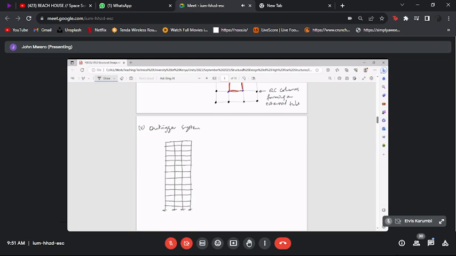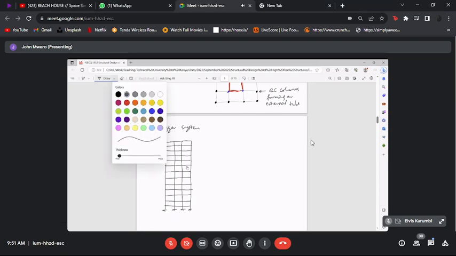If it's swaying too much, and in plan, let's say it looks like just what we had sketched up here.